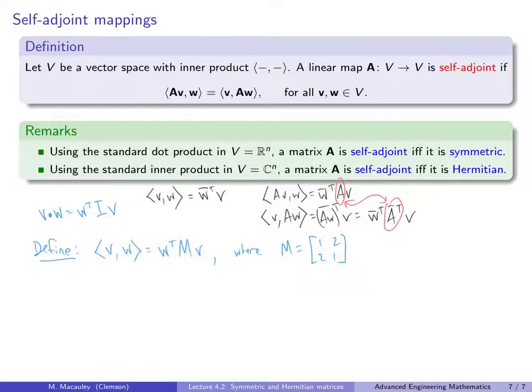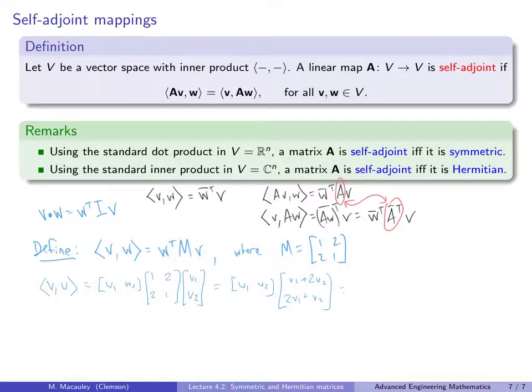So V dot W is W transpose, which I'm going to write as W1, W2, times 1, 2, 2, 1 times V1, V2. Let's multiply this out. We get V1 plus 2V2 and 2V1 plus V2.